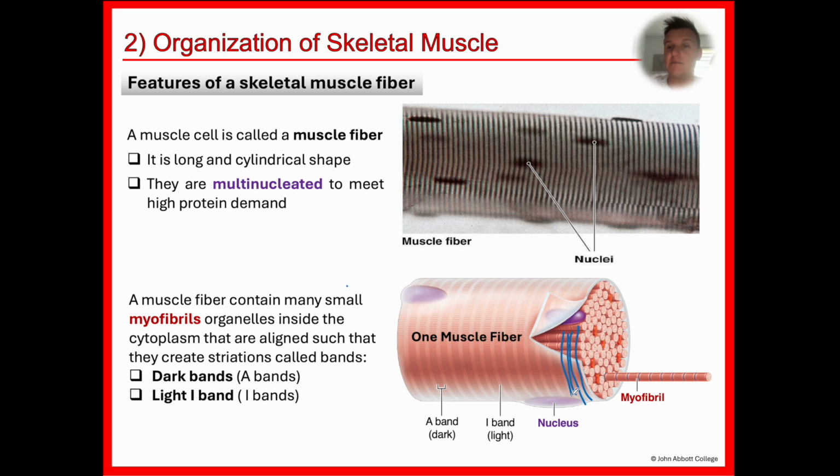That's what creates the striations. The dark bands over here, we call them the A band, and the light band we call the I band, right? So this is the I band over here, and then you have an A band, an I band, an A band, I, A, and on and on and on.